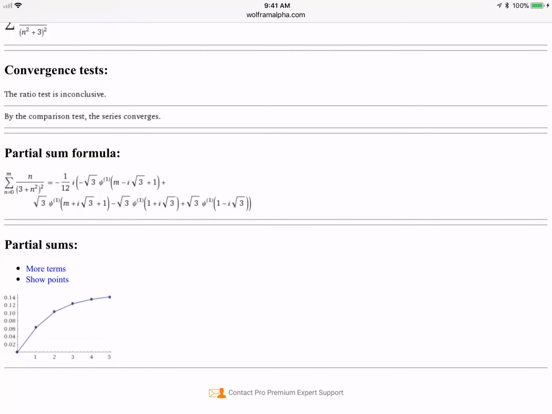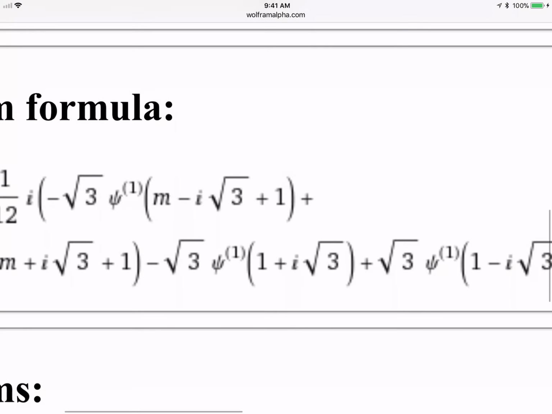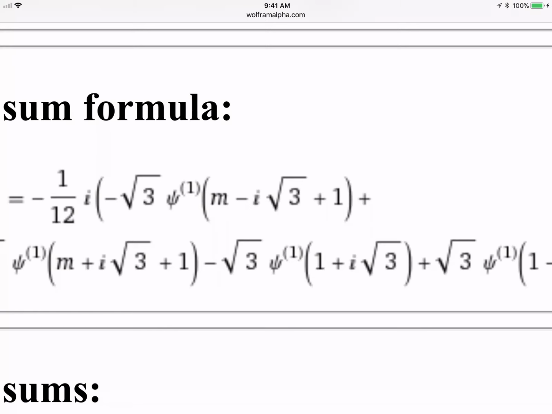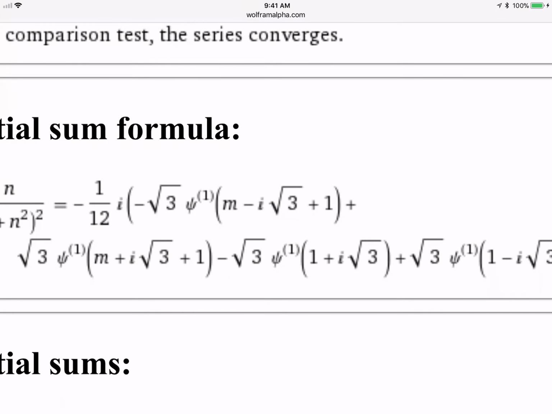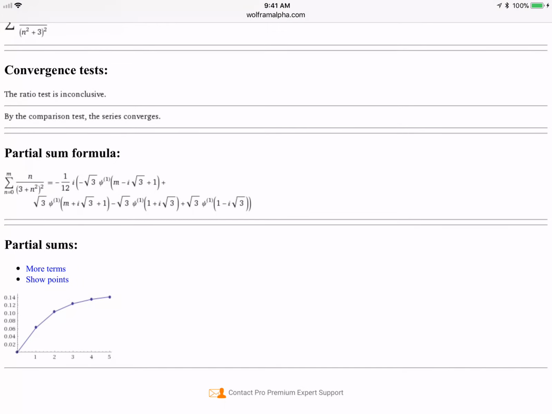It gives you a formula for the partial sum. This formula is very complicated, and this function here is, I think, gamma, so it's like a brand new function. It involves imaginary numbers, but if you need a formula for the partial sum, there it is.